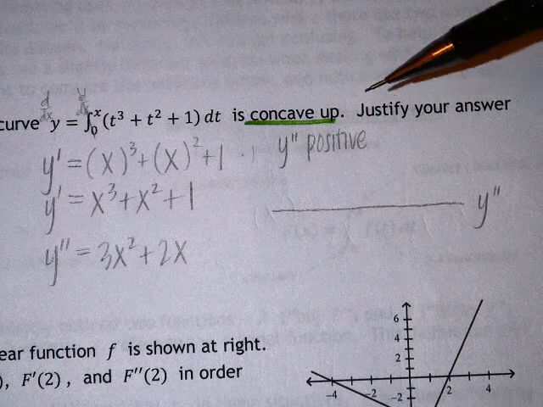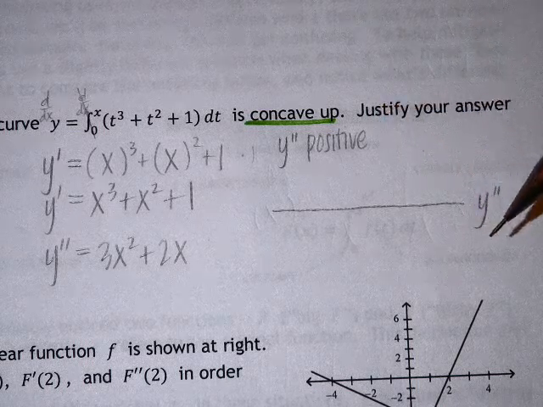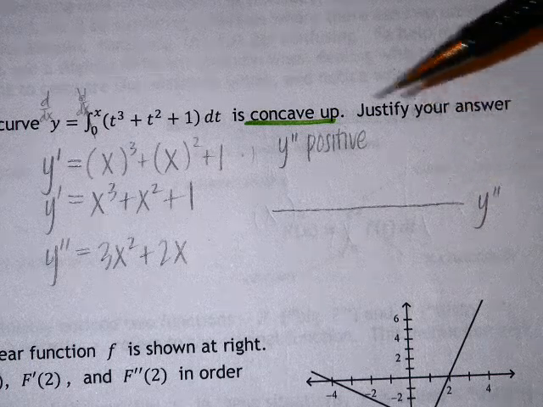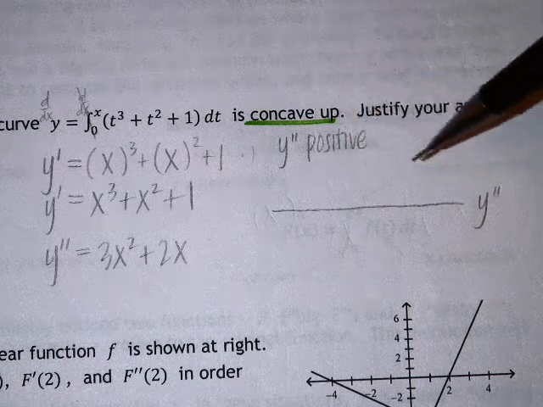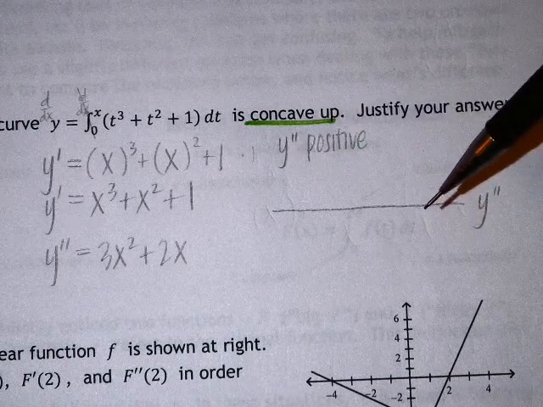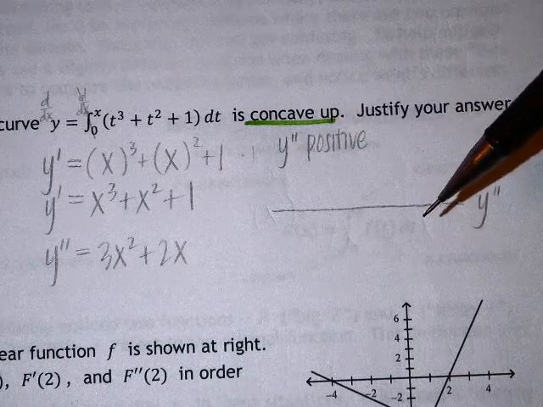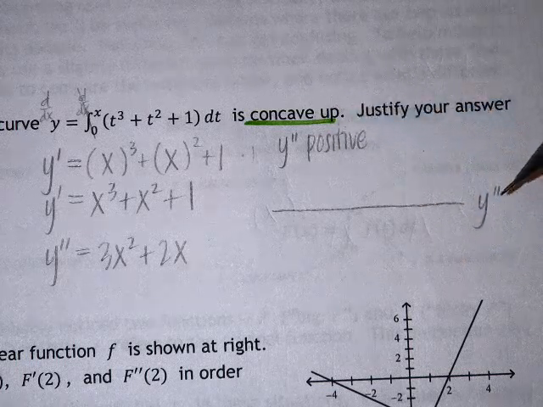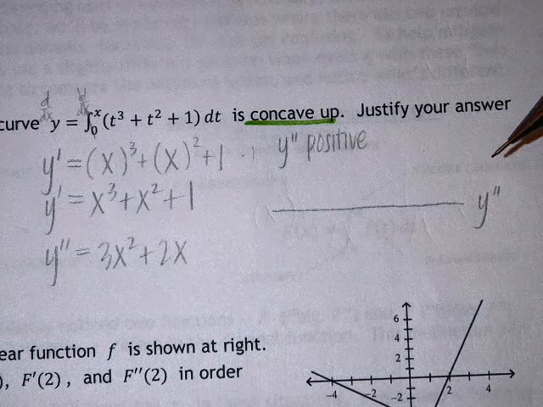If I had to do a particle problem where I had to analyze velocity and acceleration, or if it asked me other keywords like increasing or decreasing or maximum, then I would bother with the y prime line chart. But for now, let's not bother with it because it's not asking me anything that the y prime line chart would help me with. The only thing it's asking is concave up, and y double prime is the only line chart I need for that.